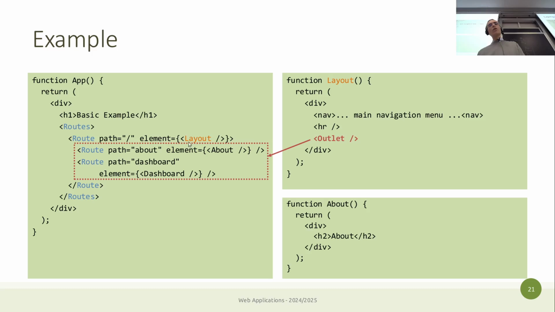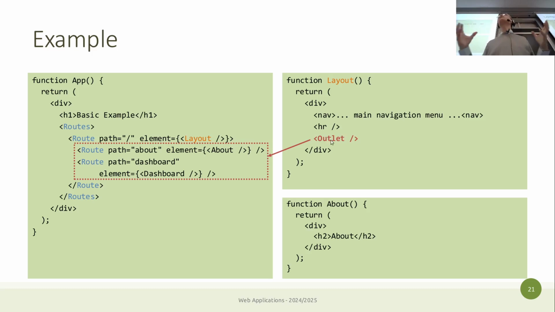Okay, so you have two elements to render. If you have slash about, you have two elements to render, both layout and about. Okay, because they both match. Okay, and so, well, it's clear where you need to render the layout. It's the outside one, so it's the first one that is rendered. Where do I put the inside one? Well, the inside one is put inside the outlet.